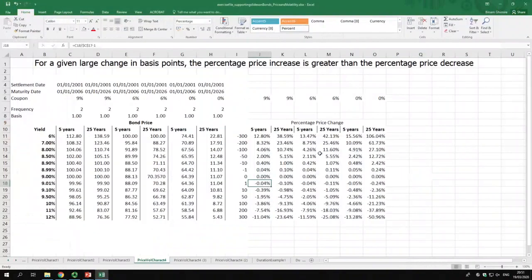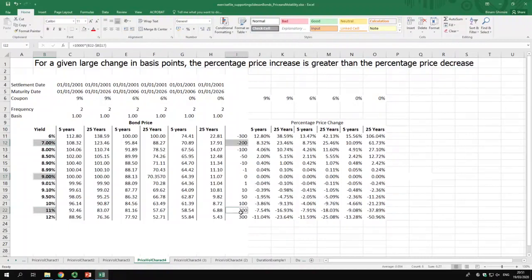And this is something you can notice, that when there is a large change in basis points, such as from 9 to let's say 7 or 11, then you're talking about minus 200 basis point or plus 200 basis point, then the volatility in bond price, i.e. percentage price change, is higher for the percentage price increase than for the percentage price decrease when the change is large.